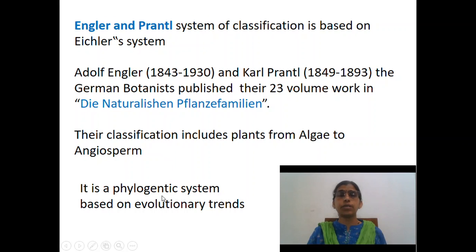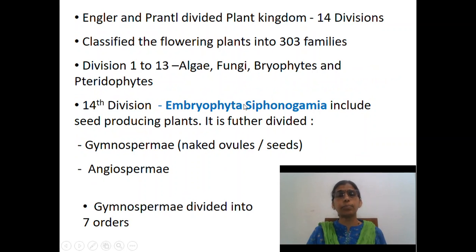The system is phylogenetic and is based on the idea of evolution from less specialized to more specialized groups in ascending order. The Engler and Prantl system totally contained 14 major divisions.